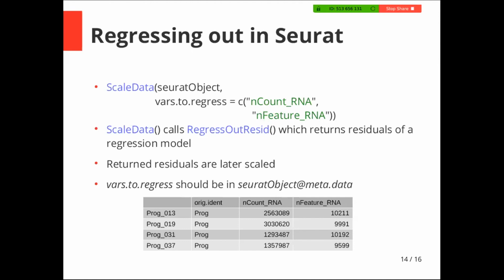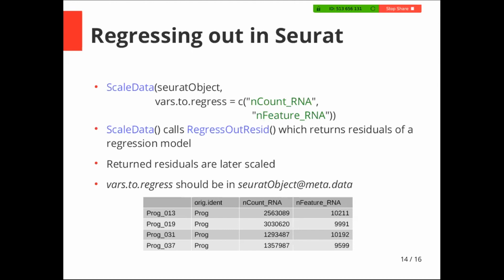One thing we need to remember when using this function, and when we give what variable to regress out, is that we have to have that in our Seurat metadata column. So if you look at the Seurat object's metadata, then you can see all the columns in the metadata. Probably from the earlier exercises, you have there some kind of correction for mitochondrial genes.